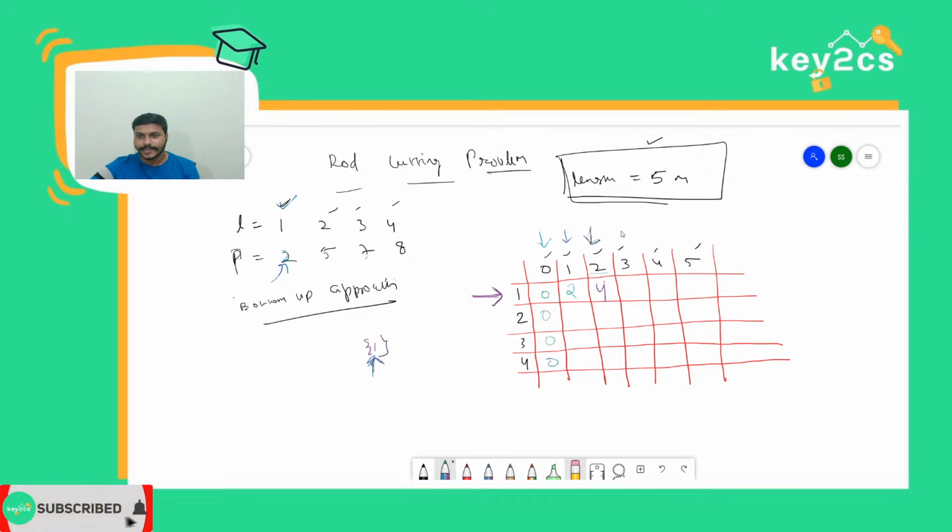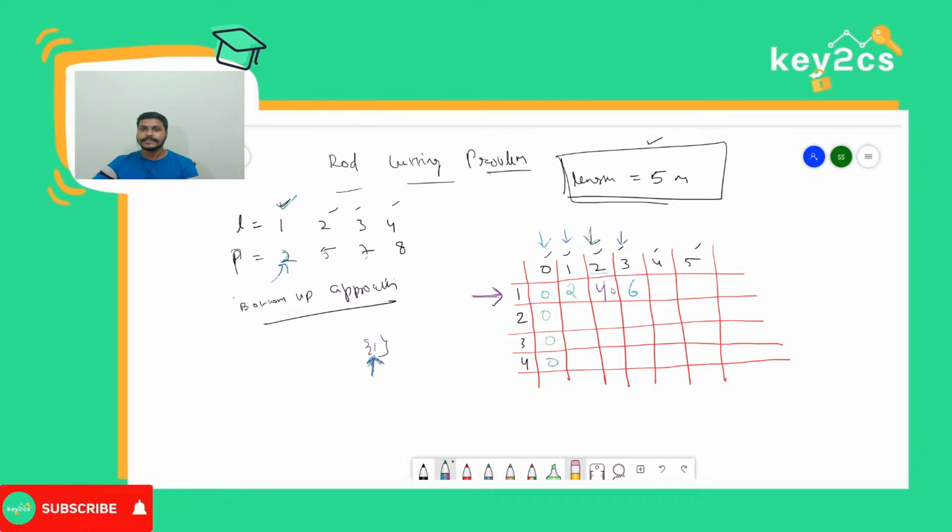Okay, next column. Now you have to sell a total length of rod of 3 meters, and you have only rods of length 1. So obviously we need 3 pieces of rod. That would give us a profit of 6 rupees, 2 plus 2 plus 2, since each rod gives me 2.